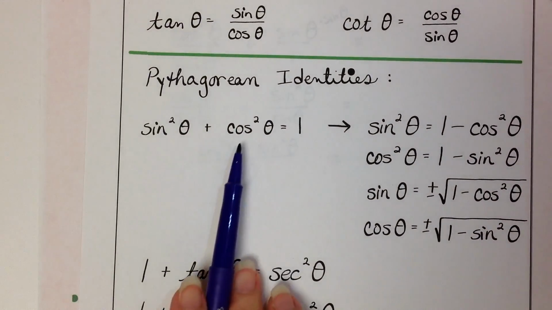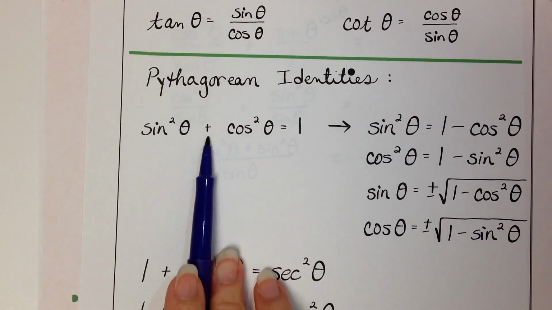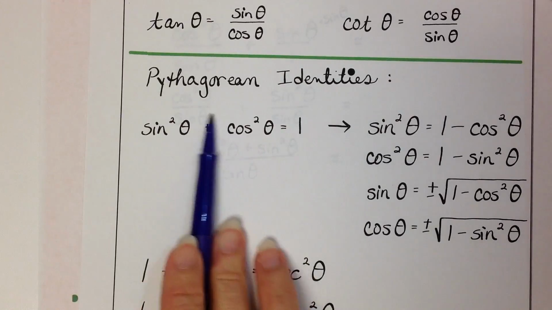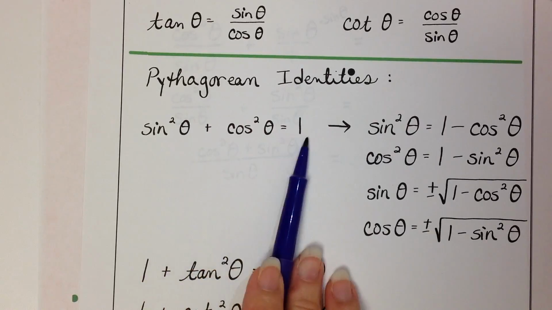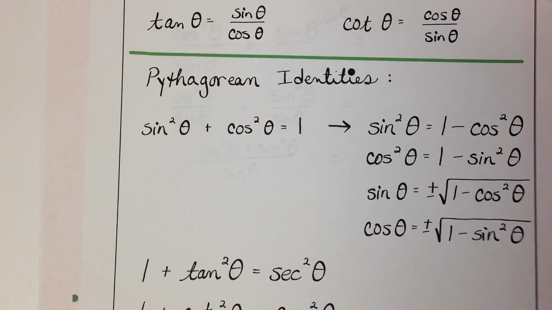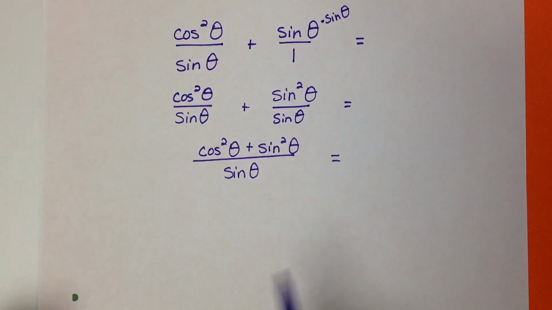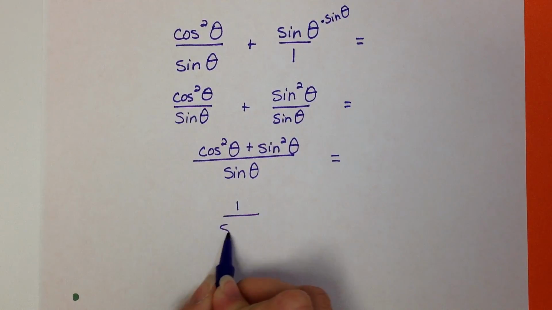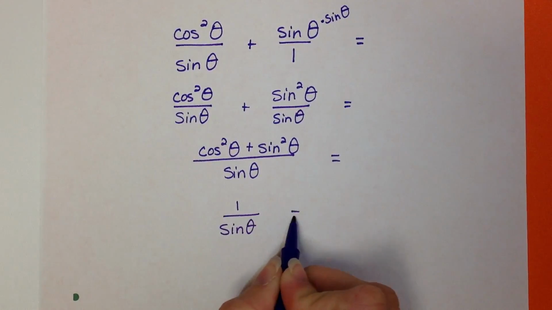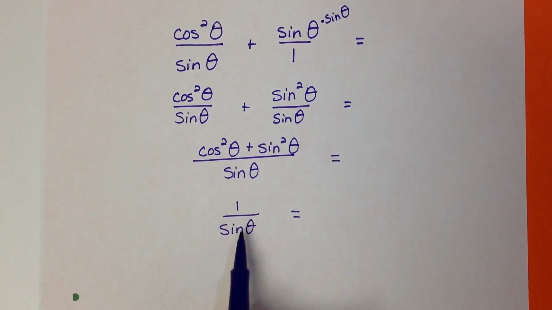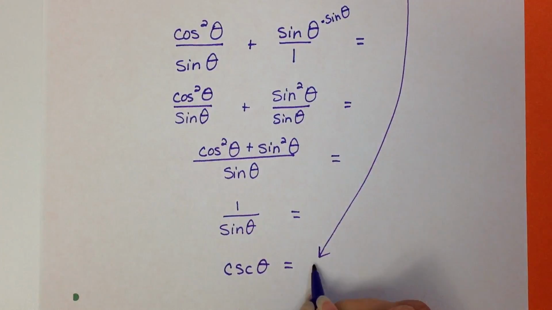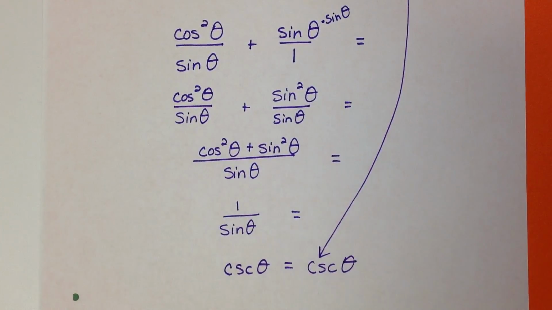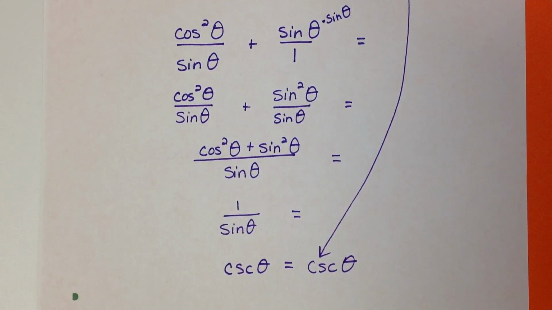Now, in the problem, again, I have cosine squared plus sine squared, but that's okay for those to be in reverse order since it's addition. And this is equivalent to just 1, so that means that I can replace my numerator with a 1. And then I know my reciprocal identity, that 1 over sine is equivalent to cosecant, which is exactly what we were trying to come up with. That was my right hand side.